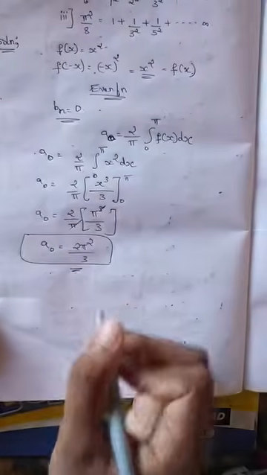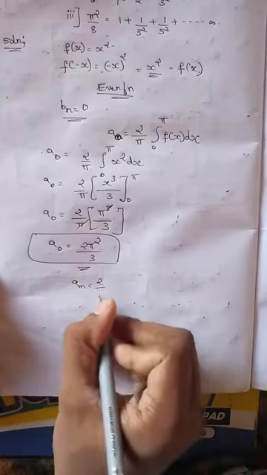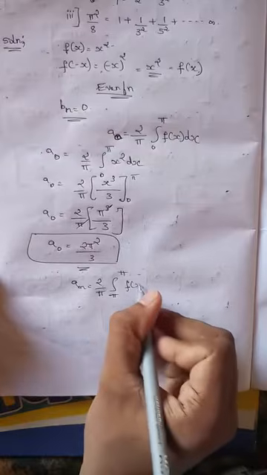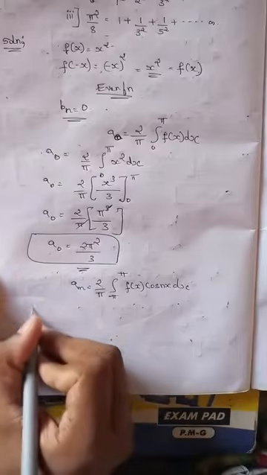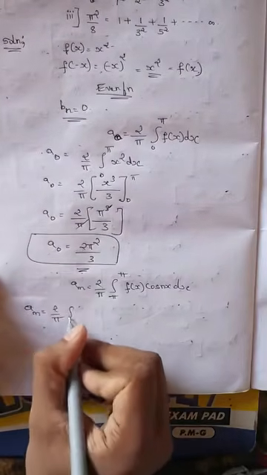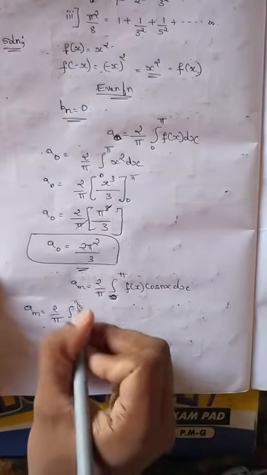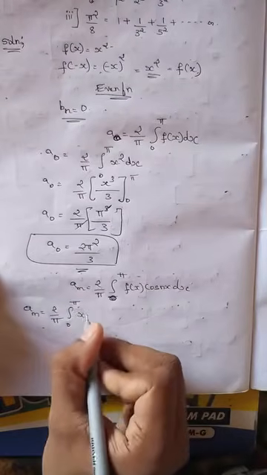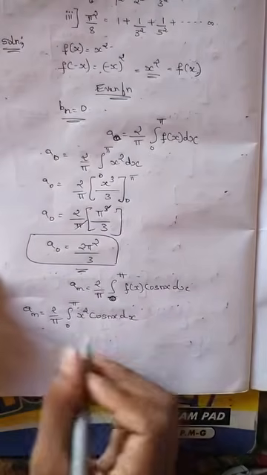Okay. So now let's quickly find an. Minus pi to pi, x square cos nx dx. So an equal to 2 by pi, 0 to pi, sorry, this is 0 to pi x square cos nx dx.